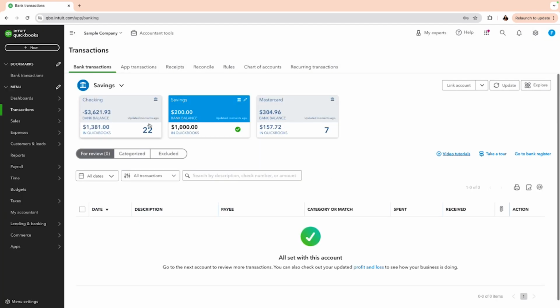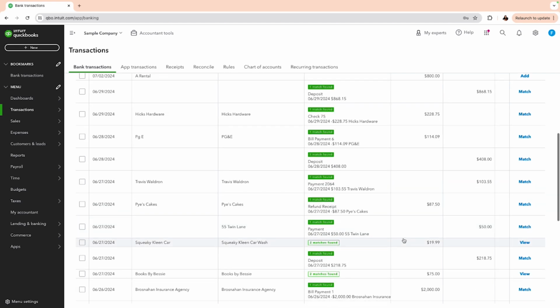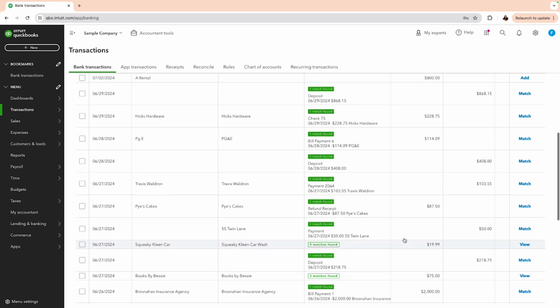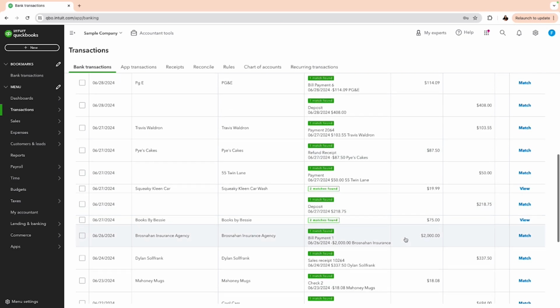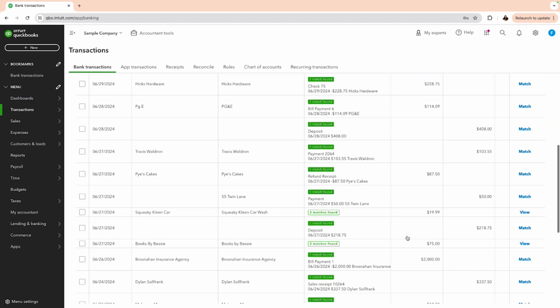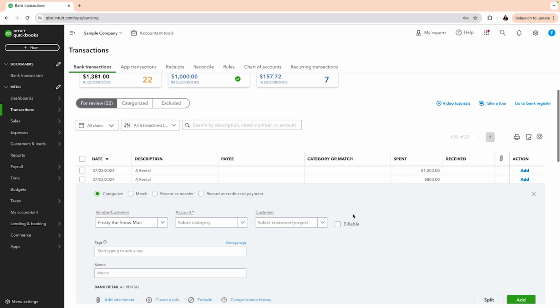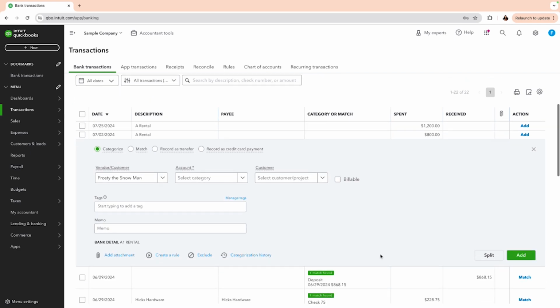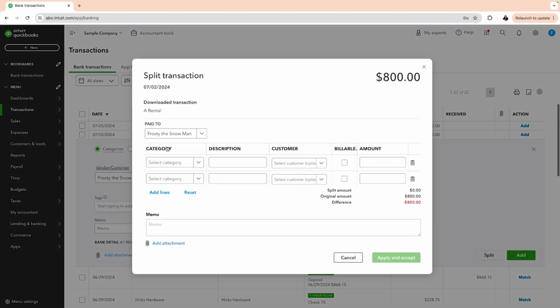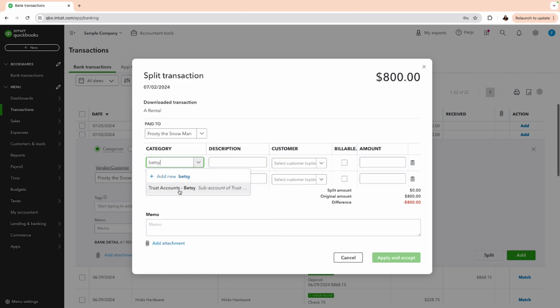So we're just going to have to find an account here, and let's see something that is out of there for 125. We don't have it, so we're just going to take this $800 here, and let's suppose that it's 125. I'm going to split so that it's not going to create any confusion, and I'm going to say Betsy out of the trust.